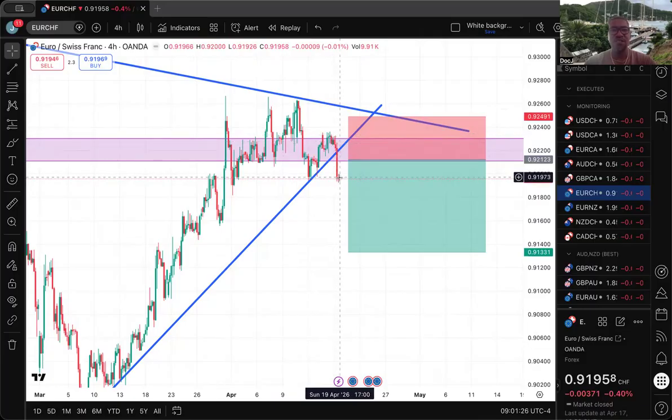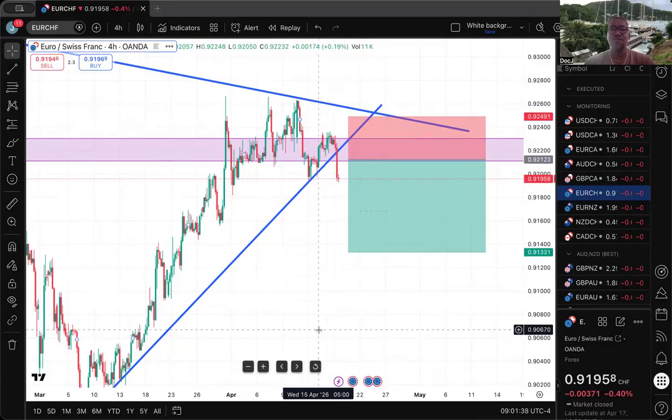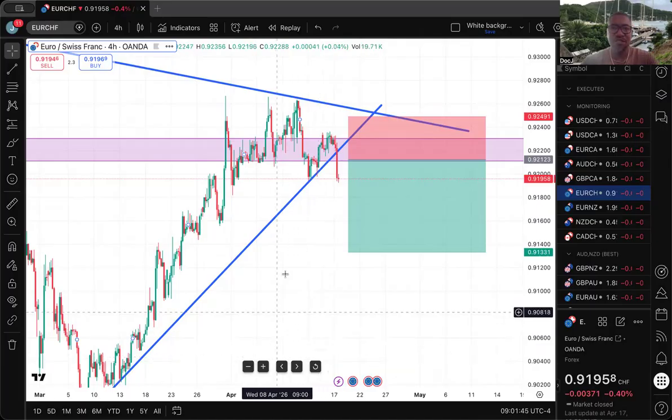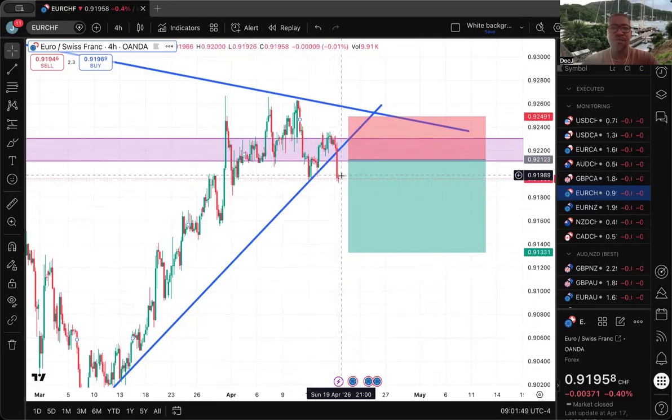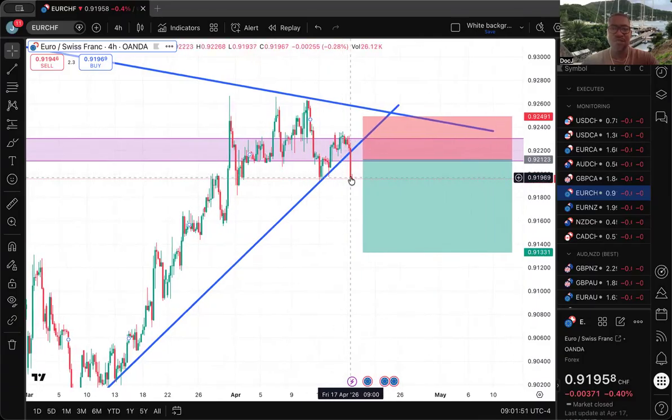Finally, it breaks that trend line. So now what you have is a lower low, a lower high, and a break of the trend line. Those three things are telling me, all right, price is changing direction. Price is likely going to sell lower. So this here is basically your confirmation that price has changed direction.